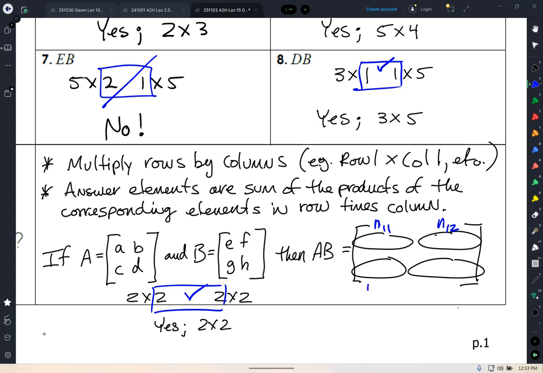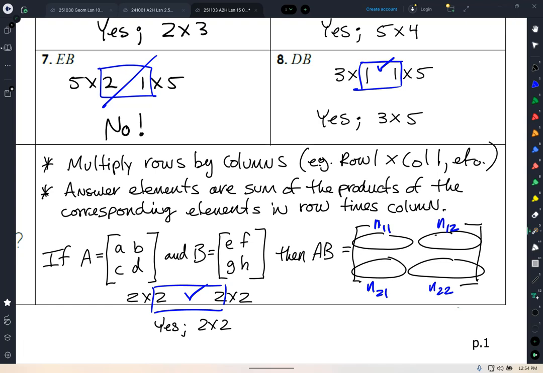And then element 2, 1, sorry, I did that backwards, is going to come from row 2 times column 1. And then element 2, 2 is going to come from row 2 times column 2. Are you with me? Yes. Okay, so it's going to look like this.